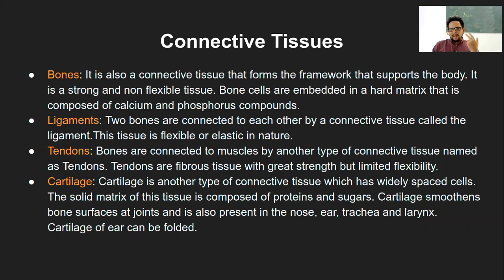Tendons. Bones are connected to muscles by another type of connective tissue, and they are called tendons. So between bones and muscles, there will be tendons, and they are an example of connective tissue. Tendons are usually fibrous and they have very good strength, but limited flexibility.